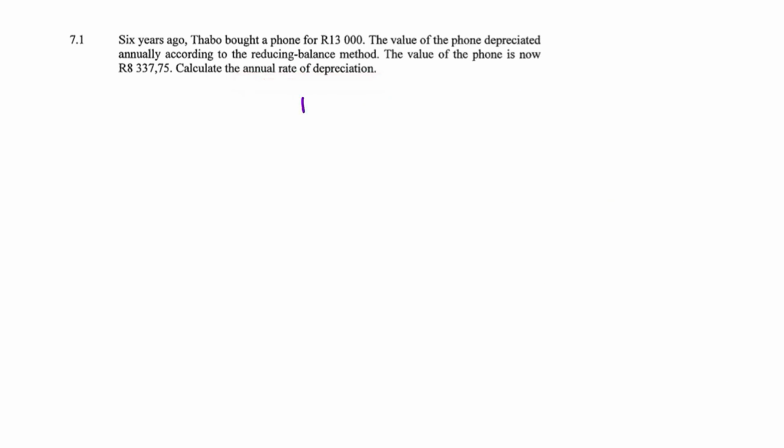So we are given information that we are using the reducing balance method. So that's the one that looks like compound interest. We know that the value of the phone at the start was 13,000 Rand, and the current value of the phone is 8,337 Rand and 75 cents.